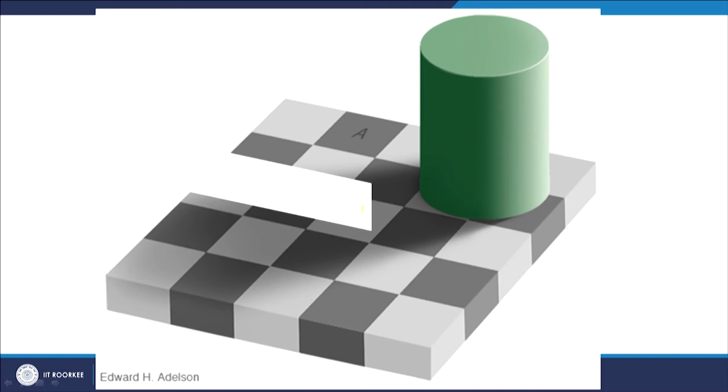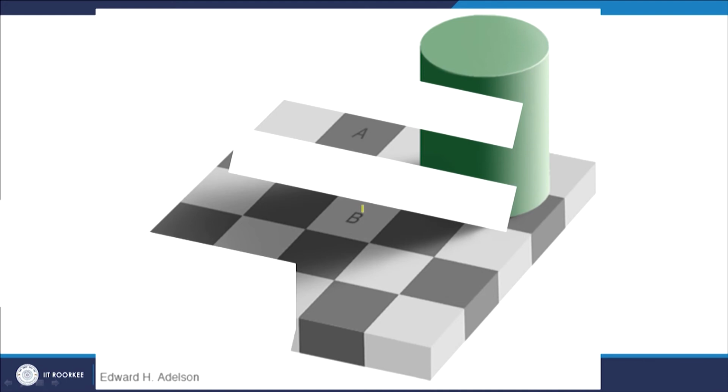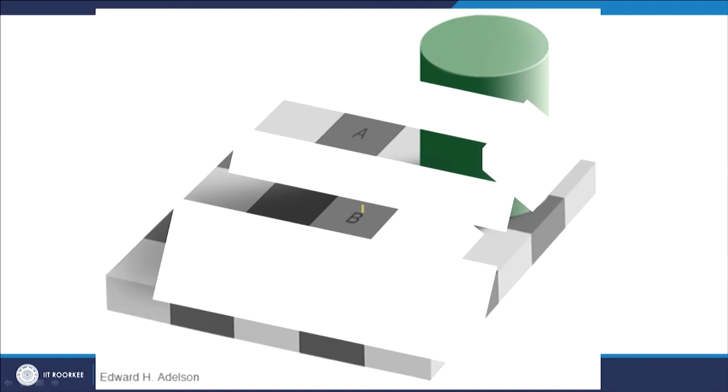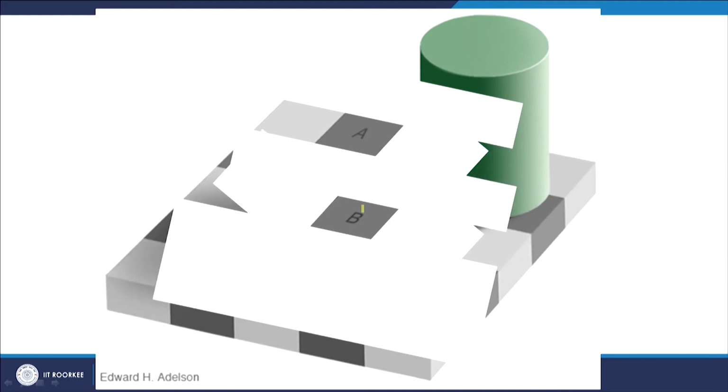So, when we start hiding the surroundings, we do not see any difference between them. In absolute terms they have the same shade, but because of the surroundings we are getting the wrong perception.